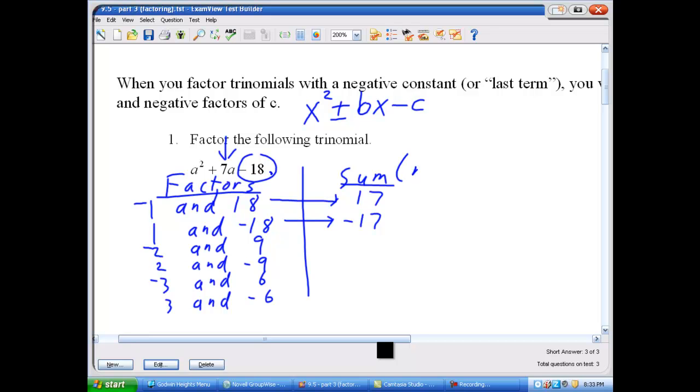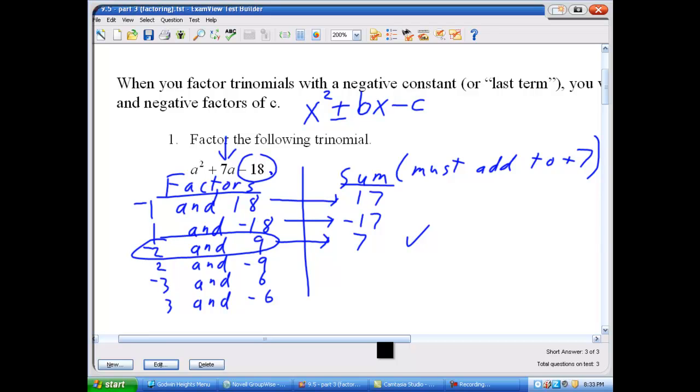So this sum must add up to the middle term, which is positive 7 in this case. Let's keep going. If I do negative 2 and 9, that's going to give me positive 7, and it looks like I'm done. So negative 2 and 9 are the right ones, but that's not good enough.